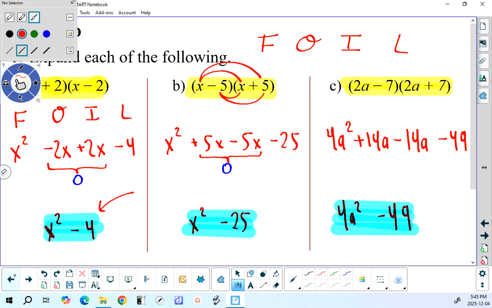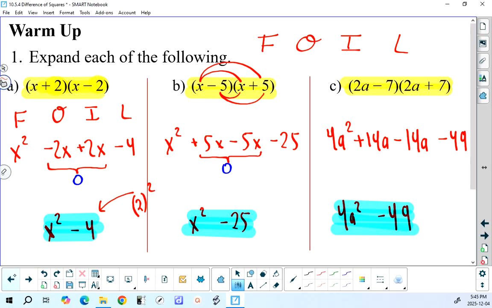This number is a perfect square. It is 2 squared. This thing is a perfect square. It is x squared. Over here, this is x squared. It's something squared. This is 5 squared. What about the 49? The 49 is 7 squared.